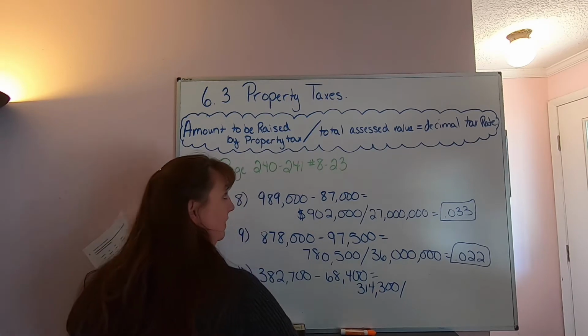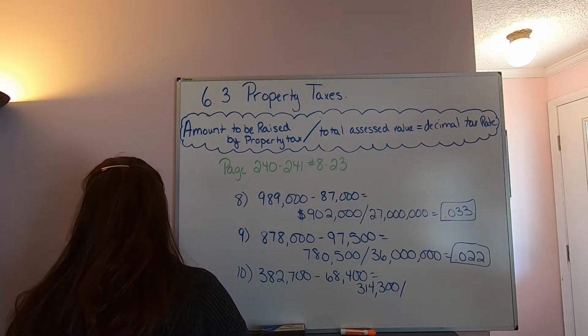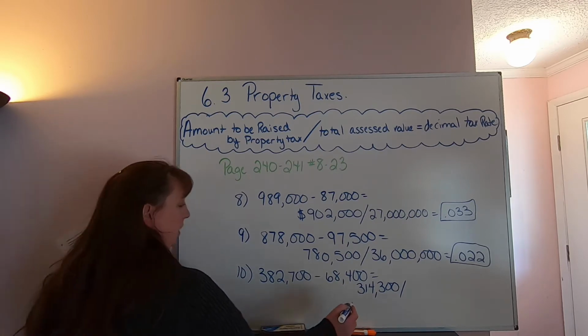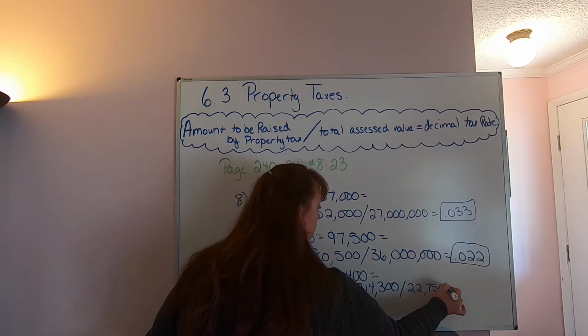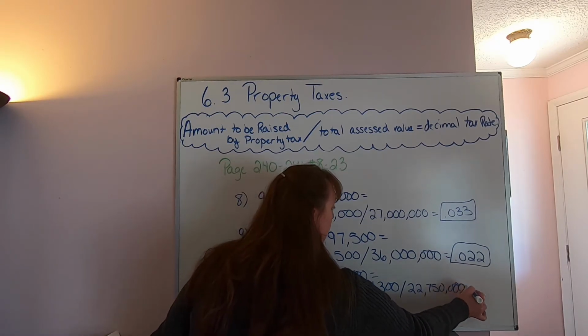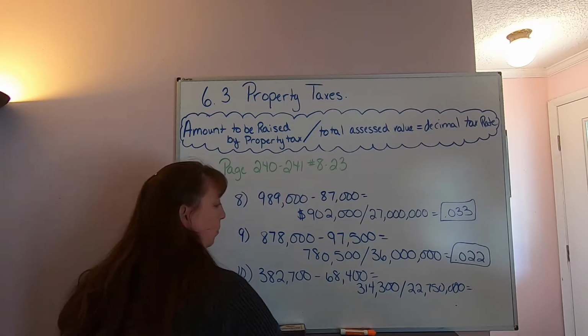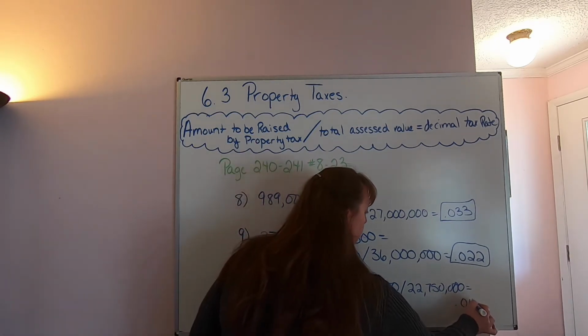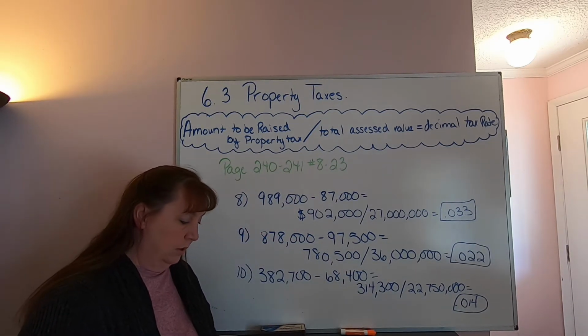Divide by the total assessed value, which was $22,750,000, and you get a tax rate to 3 decimal places of 0.14. That is your tax rate on question number 10.